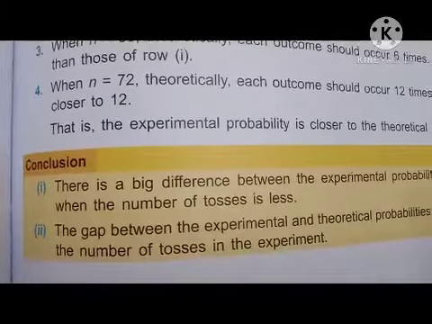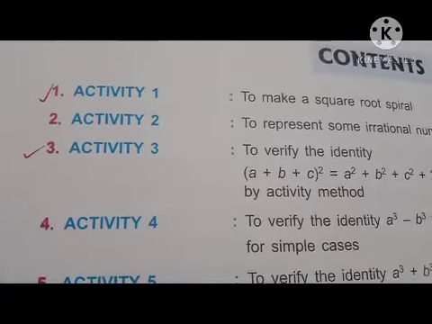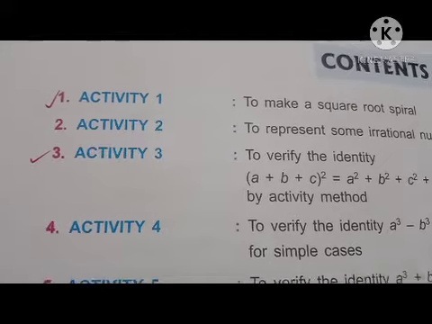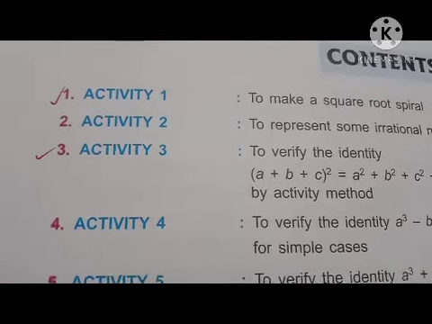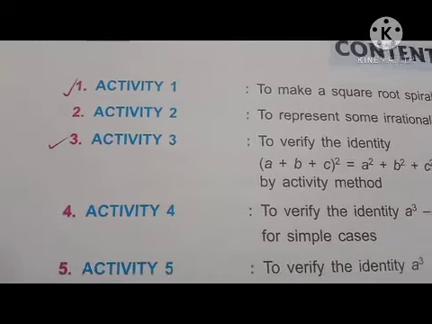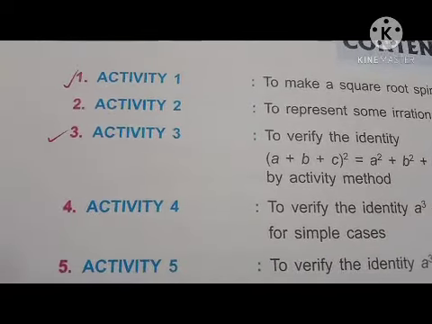Okay. You have to write only 9 activities in your record book. This activity 1 is same as your activity 1. Activity 3 is your activity 2 actually. Then activity 9 is your activity 3. You have to write that as activity 3. Activity 16 is your activity 4.